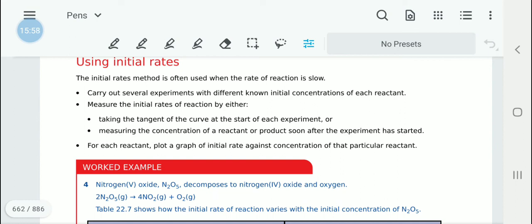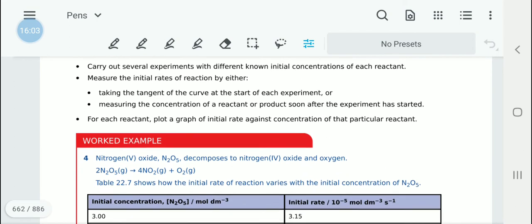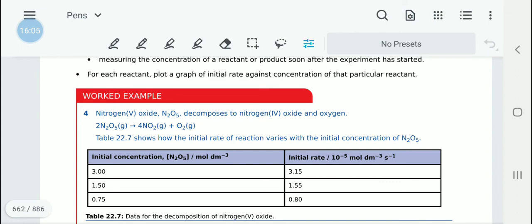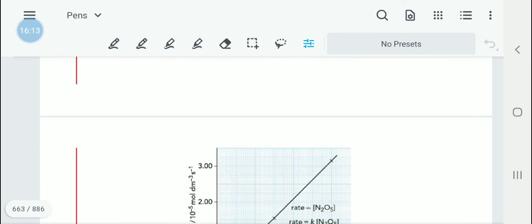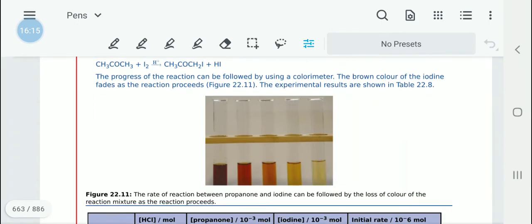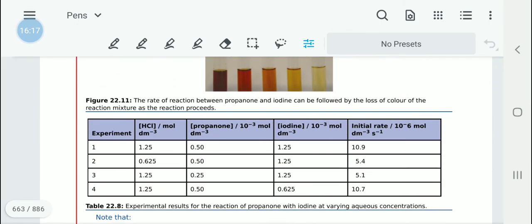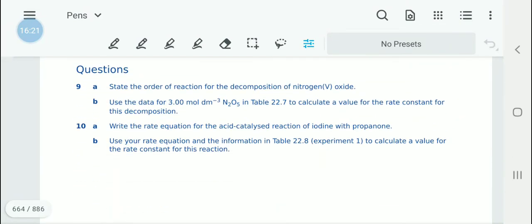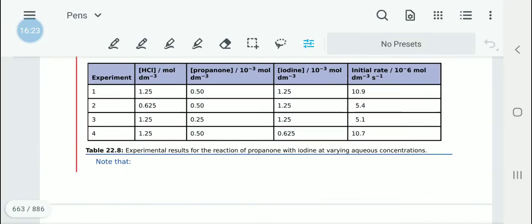Then plotting a graph of initial rate against concentration of the particular reactant will help us measure and understand the order of the reaction. So I hope you understood. If you didn't, please ask questions. If you did, please do questions 9 and 10.